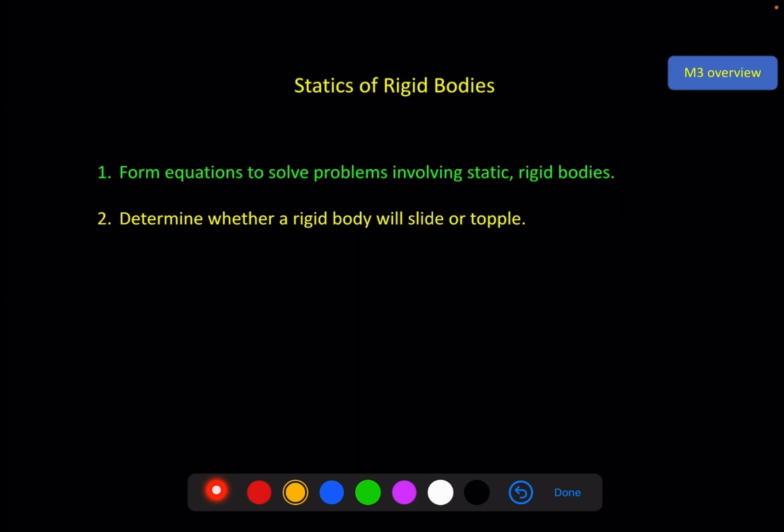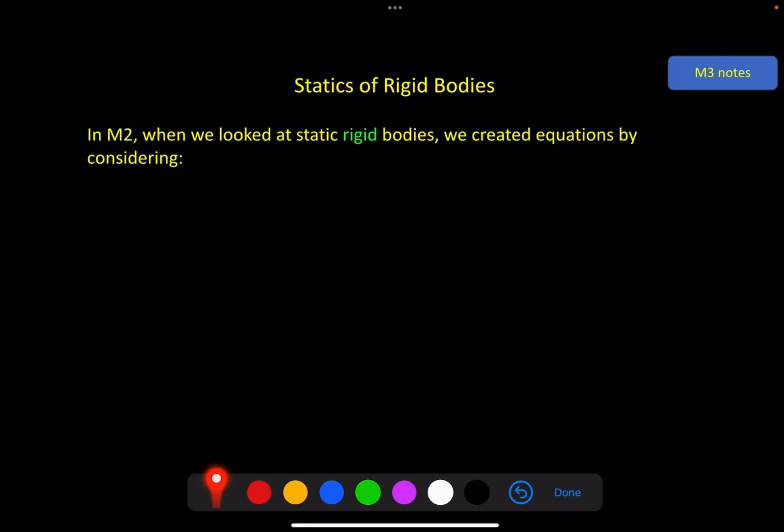In this chapter, we're going to form equations to solve problems involving static rigid bodies and determine whether a rigid body will slide or topple when it's put on an inclined plane. To do this chapter, you must have done further centers of mass, the previous chapter in the textbook. In M2, when we looked at static rigid bodies, we had a chapter of the same title.